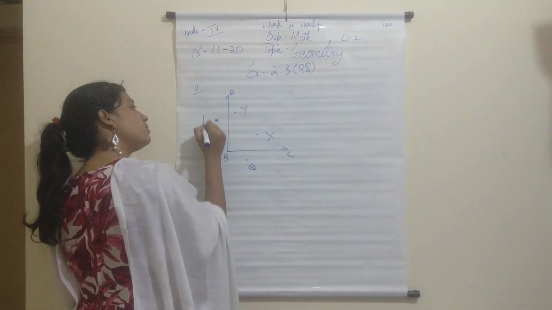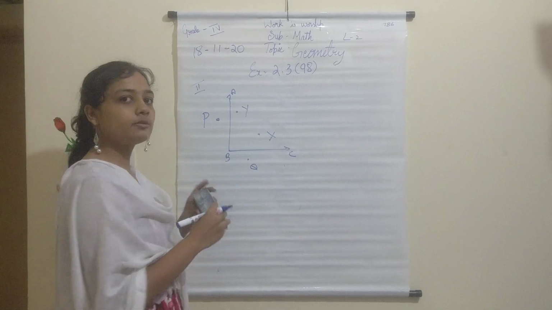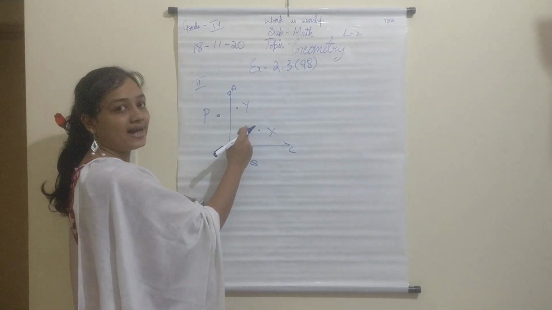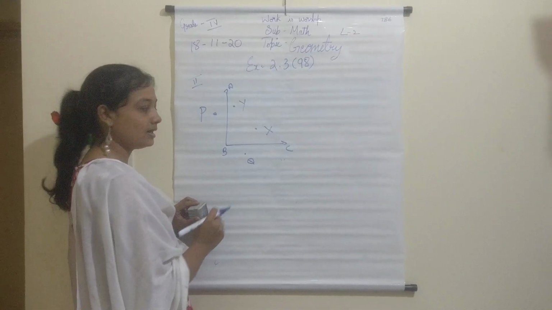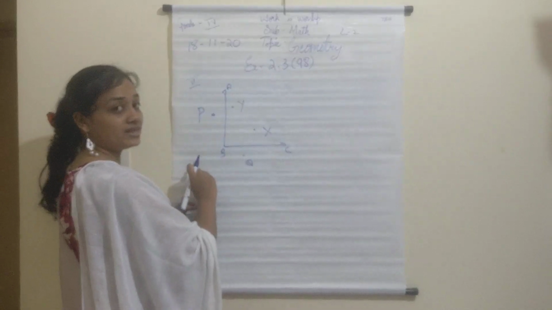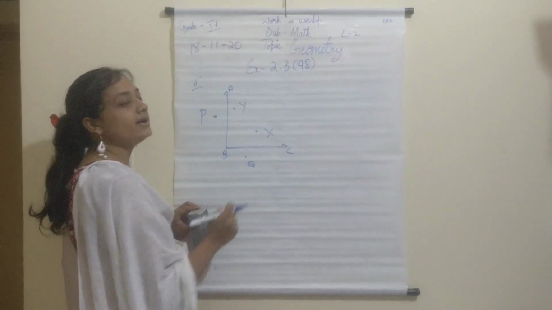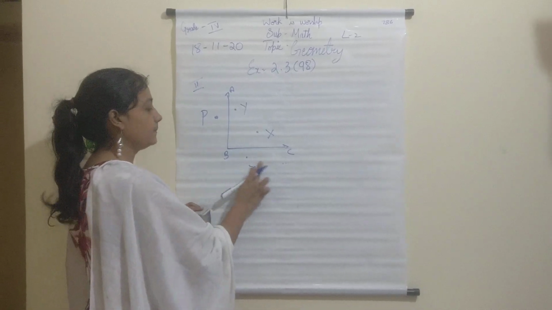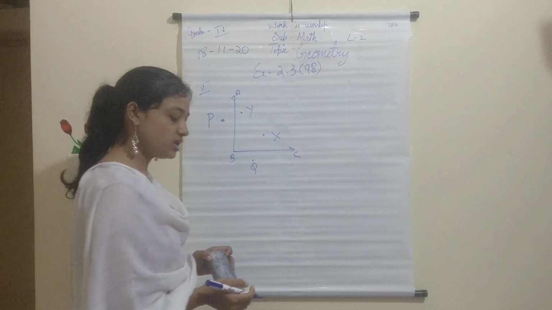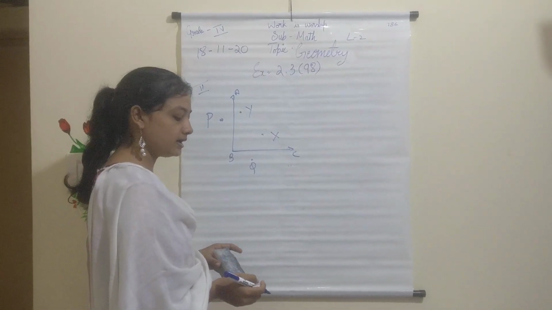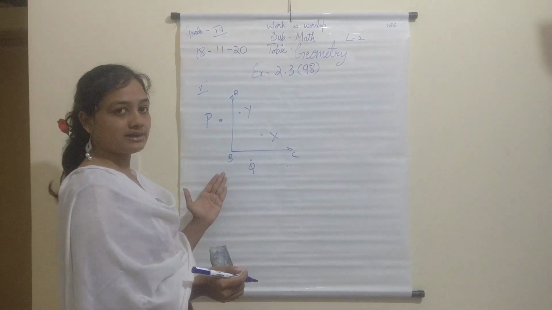To say about these points, the points which are inside the angle are called interior points, and the points which are outside the angle are called exterior points. So what is the question they have asked us? The first one, name the angle. Which type of angle is this?